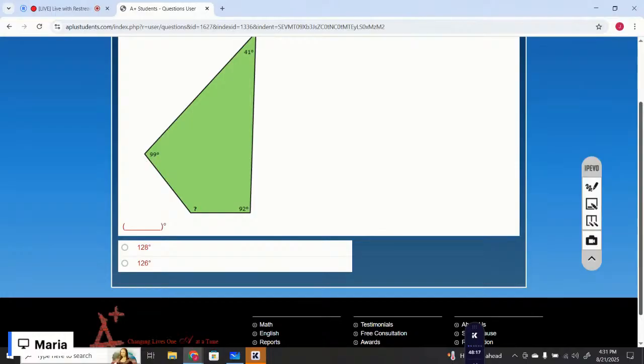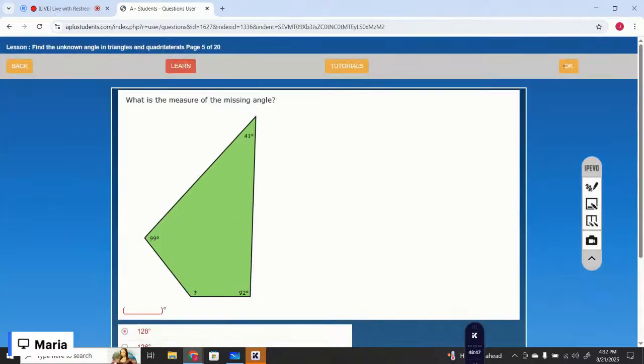So the missing angle is 128 degrees. Option number 1 is the correct option.